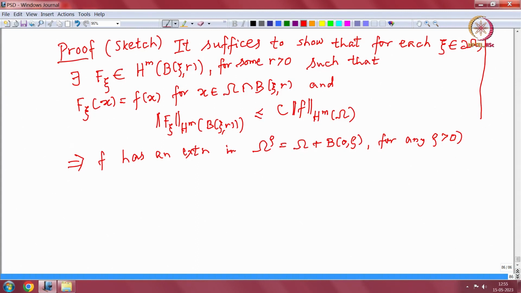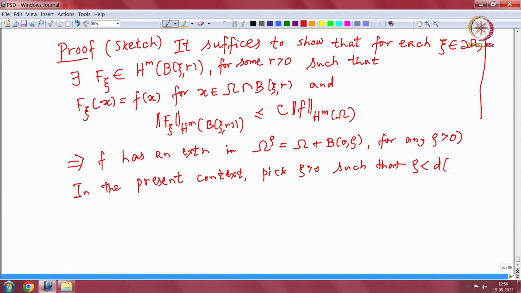So, in the present context, we have to only pick rho positive such that rho is less than the distance between the two boundaries, del omega and del omega tilde.